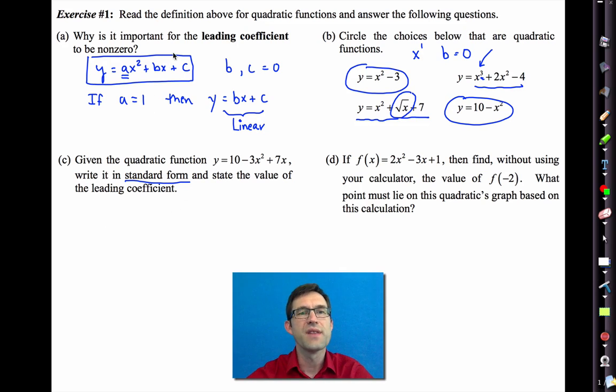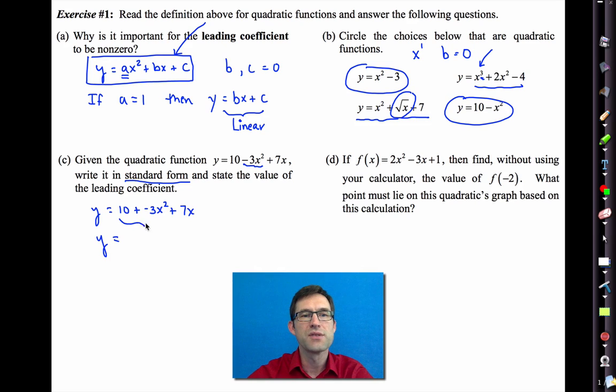Standard form is this. We want to make it look like y equals some number times x squared plus some number times x plus some number. Now, to do that, we employ the commutative property of addition. And I'm also going to change this subtraction of 3x squared into addition of negative 3x squared.